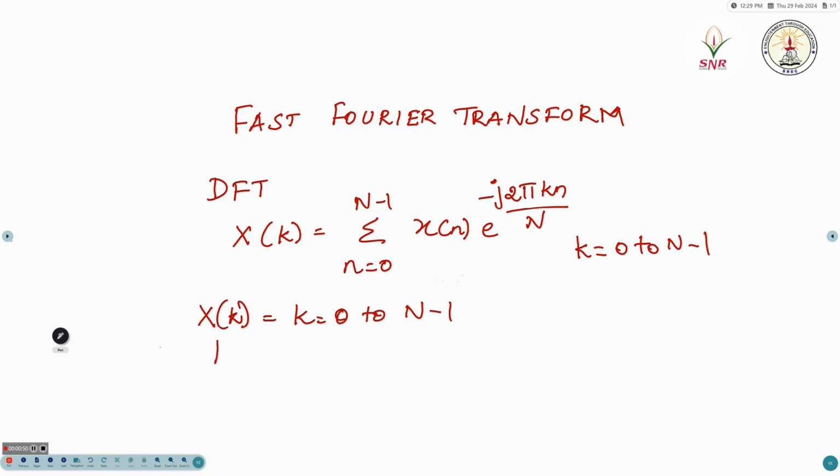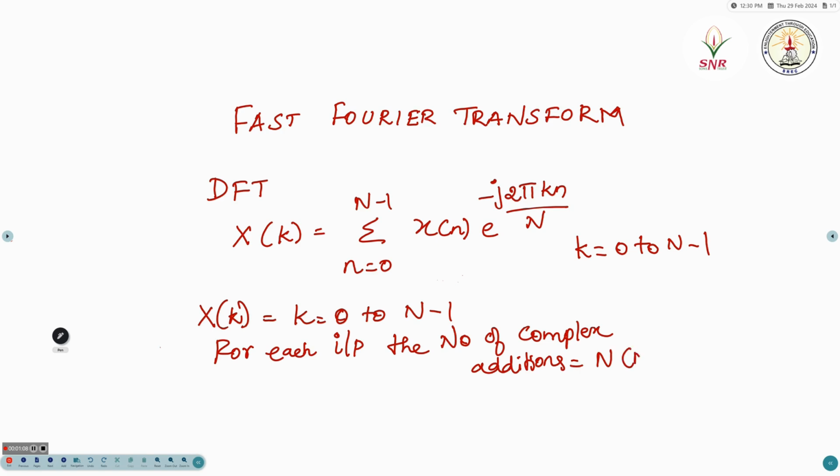So for each output, the number of complex additions is given as N into N minus 1, and number of complex multiplications is given as N multiplications. So for one input we have N into N minus 1 additions and N multiplications.